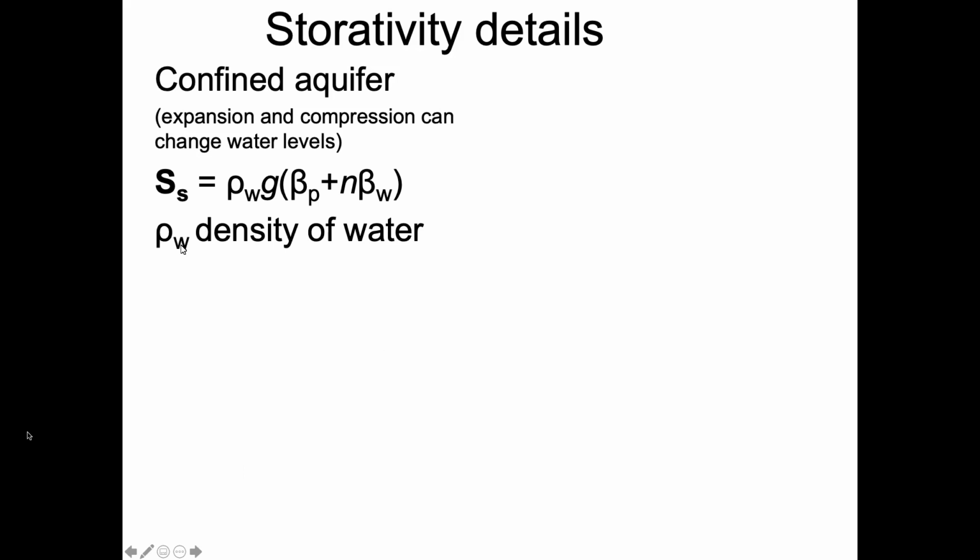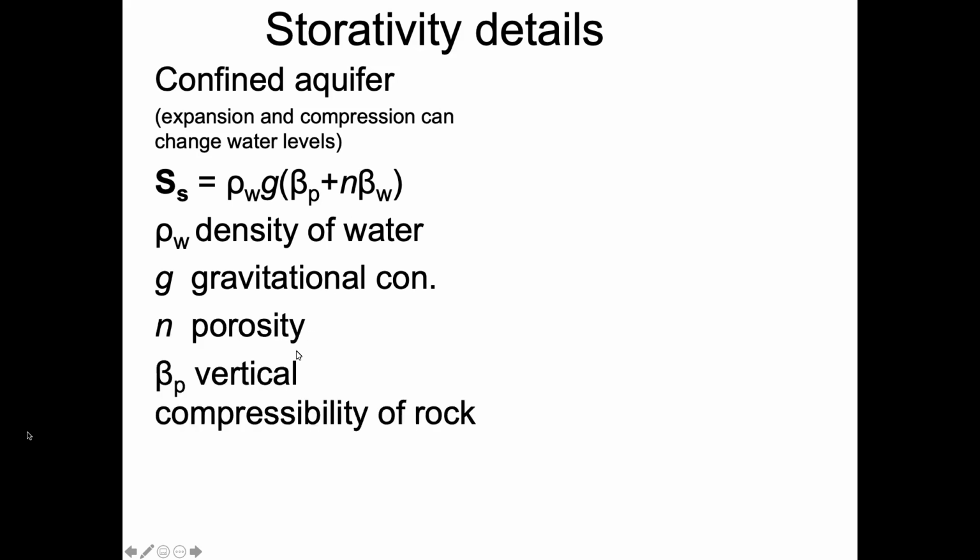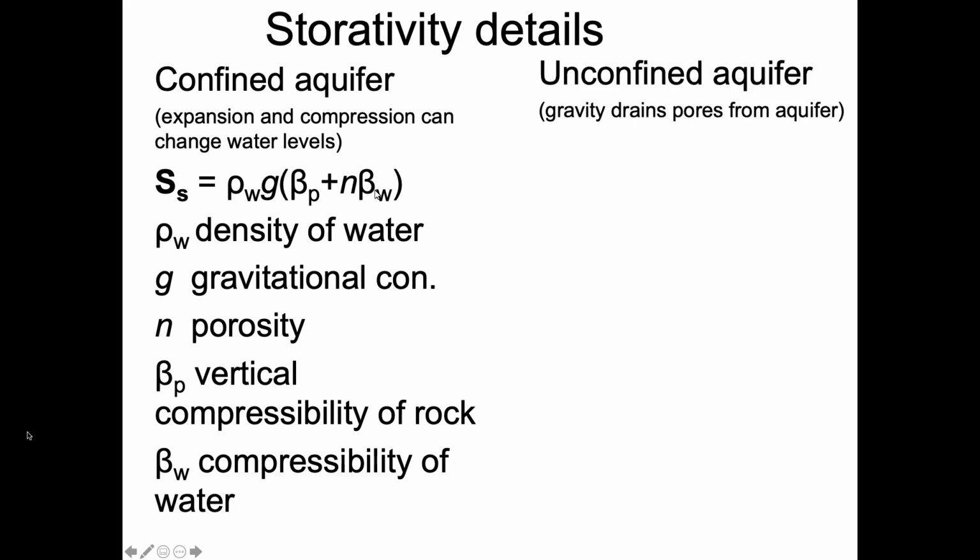We have the density of our water, we have gravity, then we have our porosity, that's in here, and then we have the vertical compressibility of rock, that's going to be here, and the compressibility of water. So again, in a confined system, the density of water gives us some idea of the system, gravity, the amount of pore space that we have, and then the compressibility of the rock and the compressibility of the water.